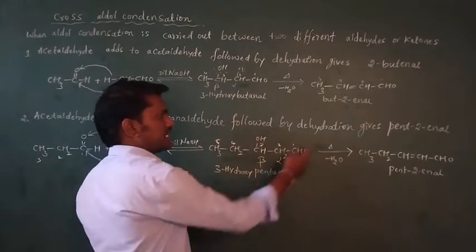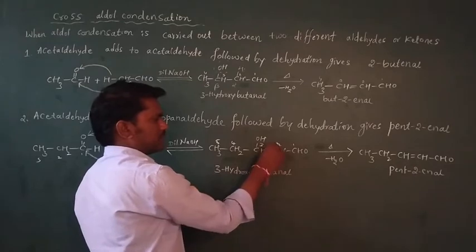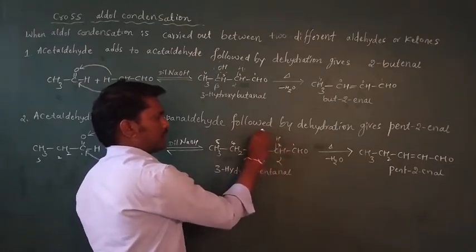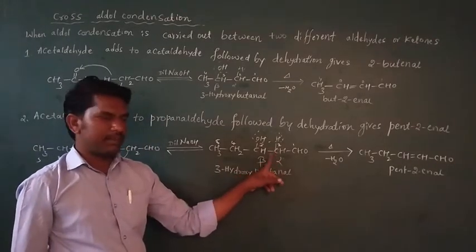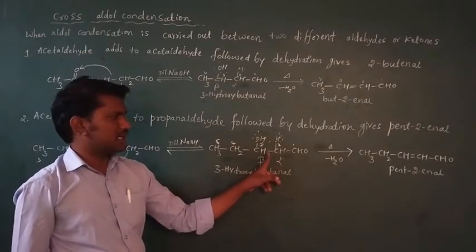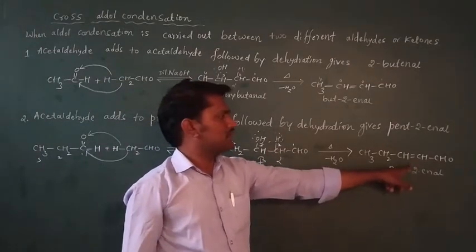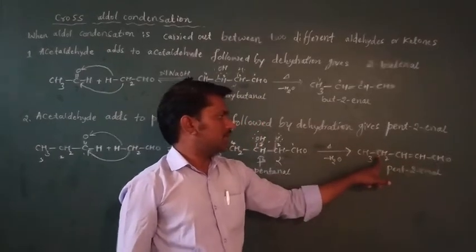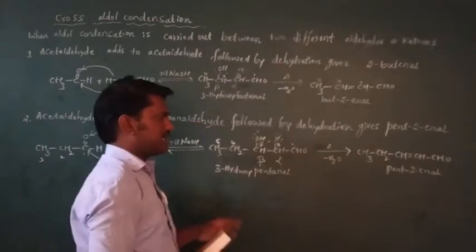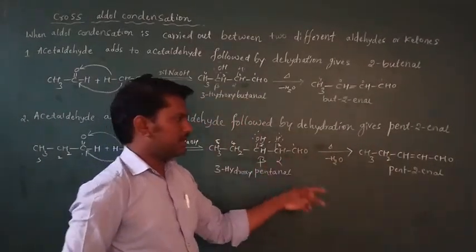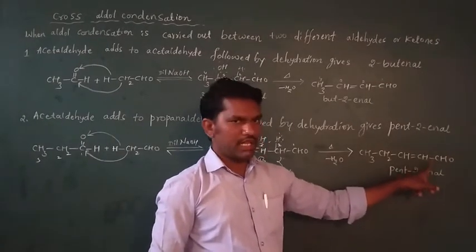In the next step, dehydration, removal of water from the alpha and beta carbons, forms an unsaturated compound at the alpha and beta positions to form 2-pentenal. Carbon number 1, 2, 3, 4 and 5: an alpha beta unsaturated compound containing 5 carbons, with the double bond at the second carbon, so 2-pentenal or pent-2-enal.